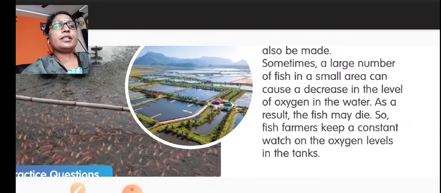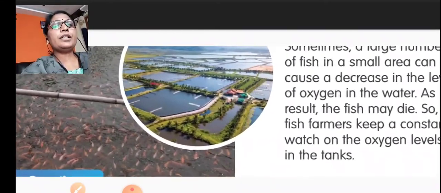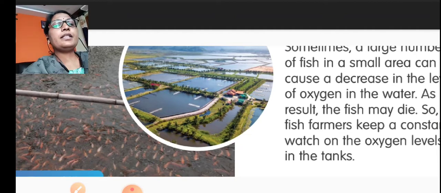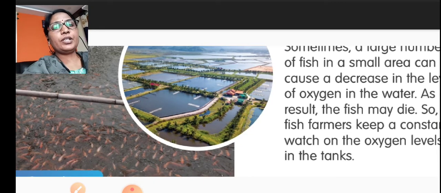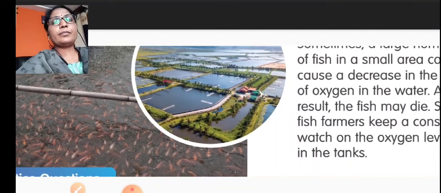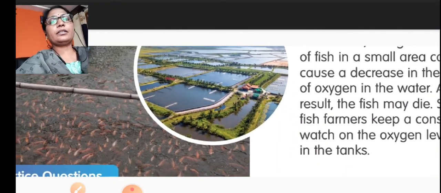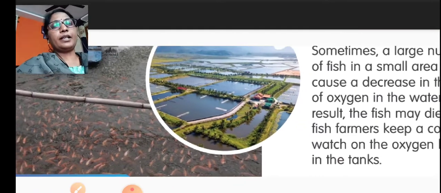They arrange them and allow water into the ditches, and in these ditches they grow fingerlings, small fishes and prawns, up to their maximum size, and then they capture them and sell them in the market.